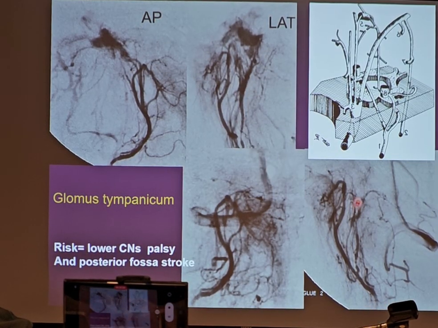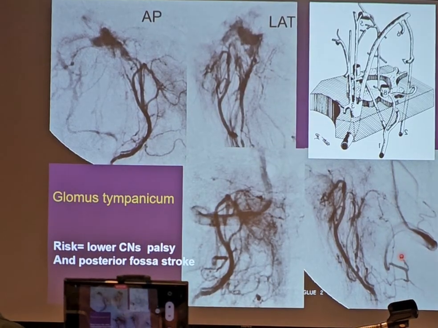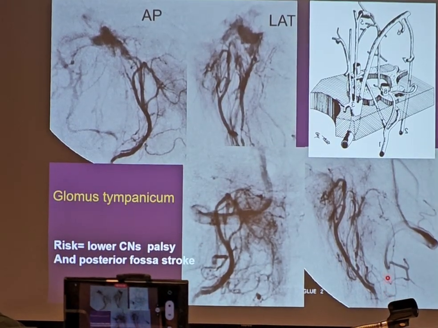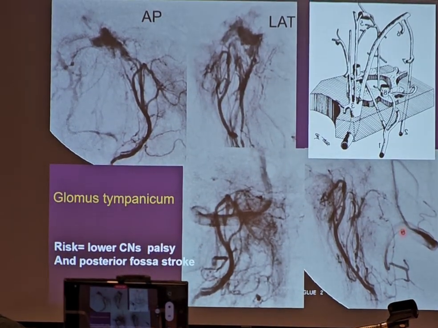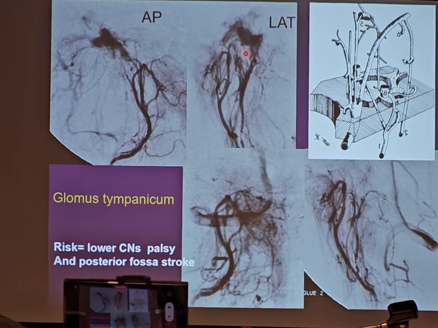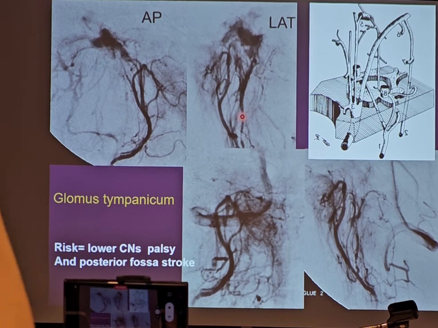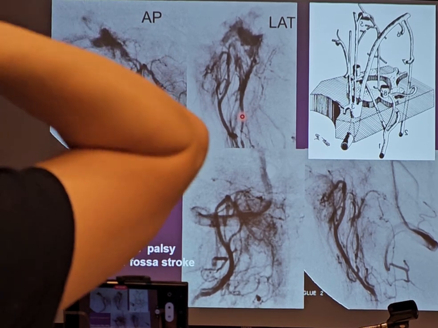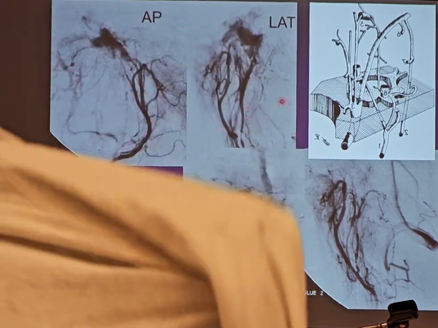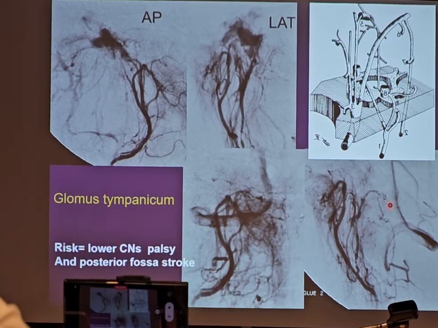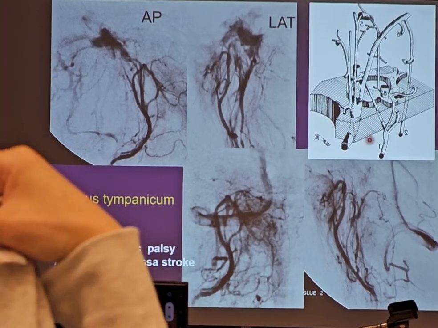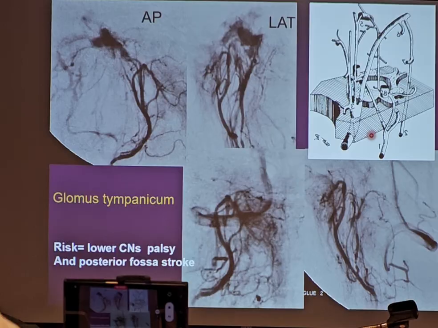You know that there are remaining branches coming down to hook into the level of C2, C3, filling up the vertebral artery. If you don't see it before treatment, you didn't realize that it's there. It's likely too proximal to force injection of any embolic material too much, and this could happen that you have a posterior circulation stroke.